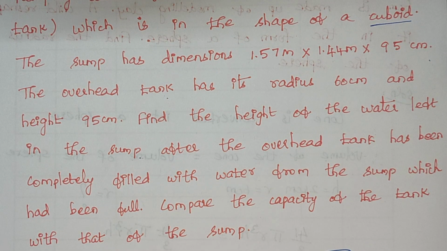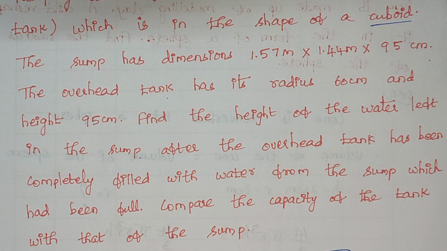Then we are pumping water from the cuboid to the overhead tank, which is in the form of a cylinder. Now the overhead tank is totally filled with water, that is, the cylinder is completely filled. Now you have to find the height of water which is left in the sump, that is, in the cuboid.